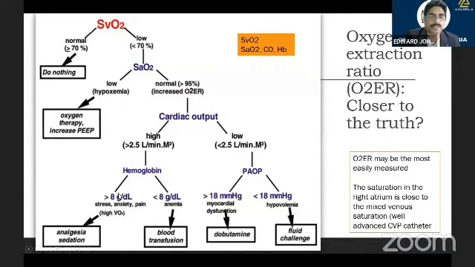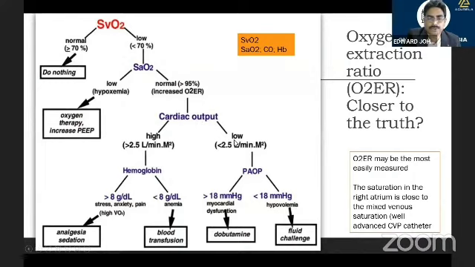If hemoglobin is normal, cardiac output is normal, and only the saturation is low, then assume that the oxygen consumption is high. So, what we have to do is give analgesia or sedation. It may be pain, due to which they are shivering, and the oxygen consumption may be increased. That's why the mixed venous saturation has fallen.